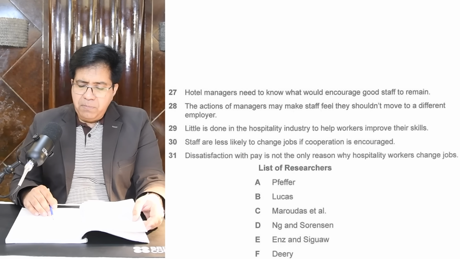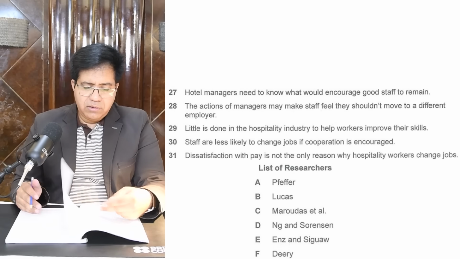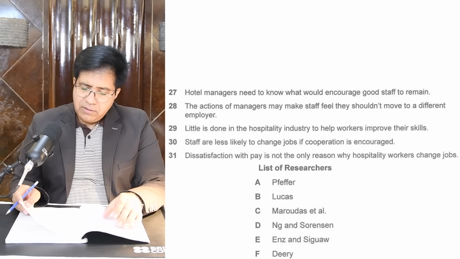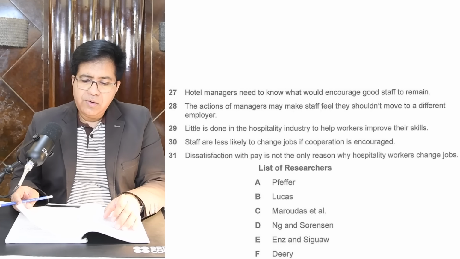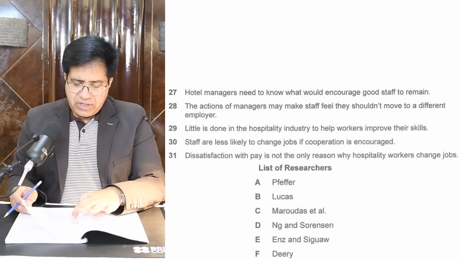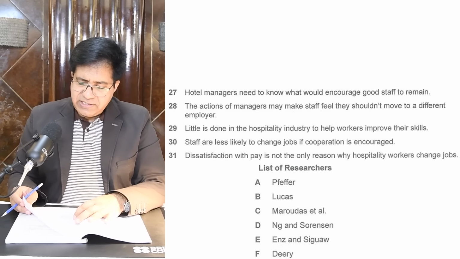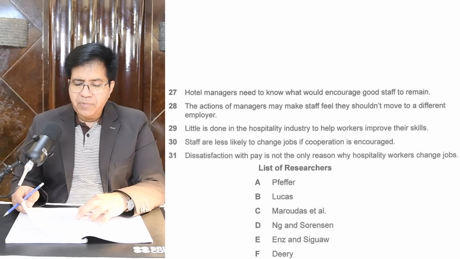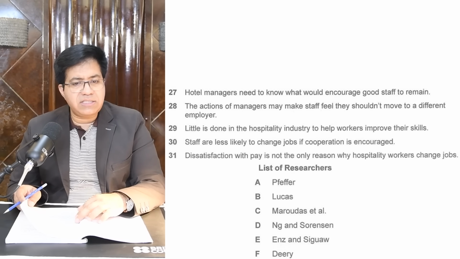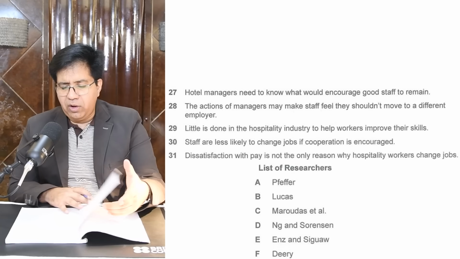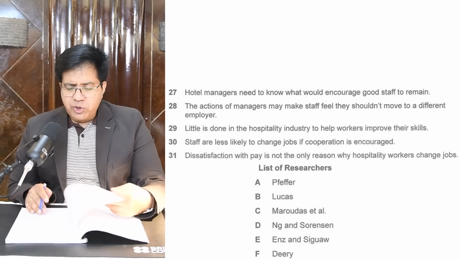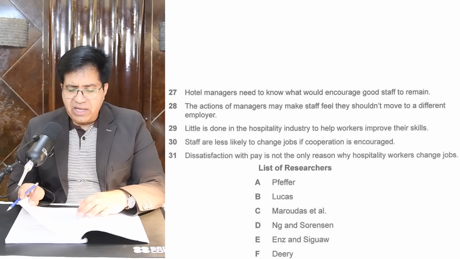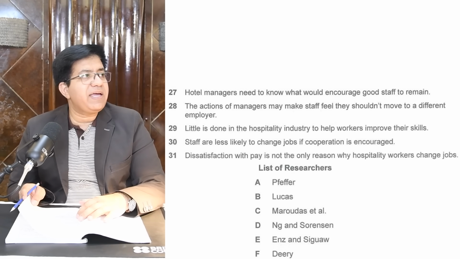Next is Marudas et al. Where is Marudas et al? Fourth paragraph, exactly the last thing there. Found it? Same paragraph where you found Lucas, the last word is Marudas et al. Ng and Sensen: fifth paragraph, you can see Ng and Sensen in the beginning.